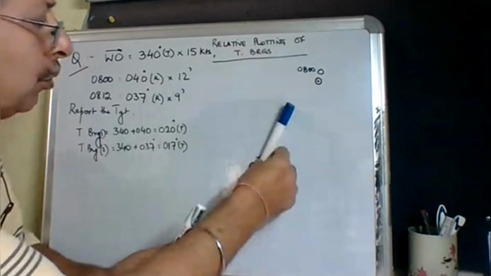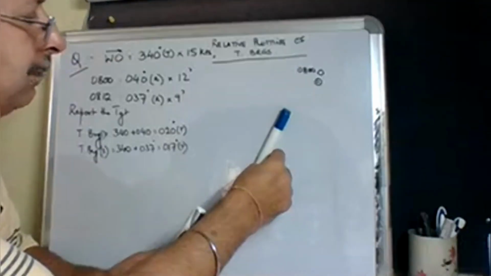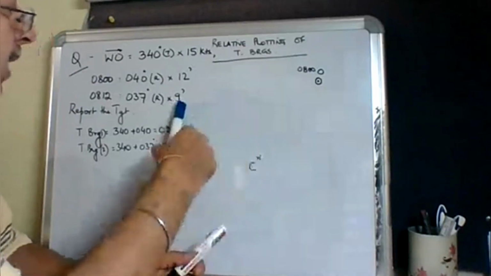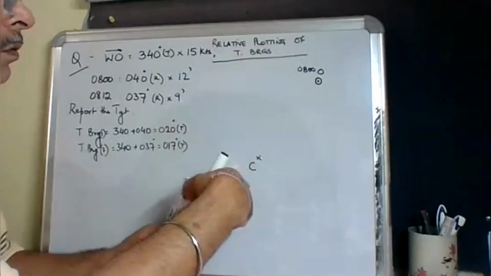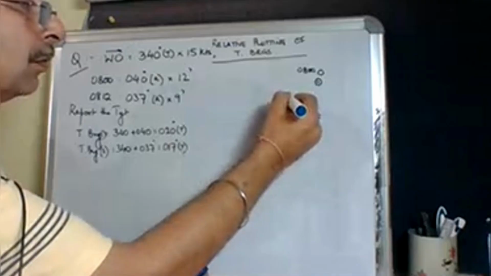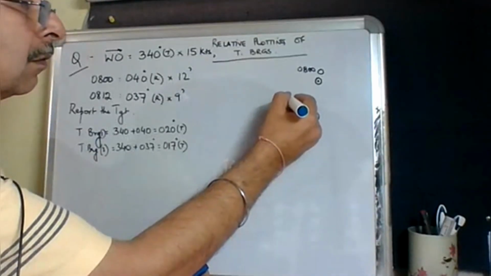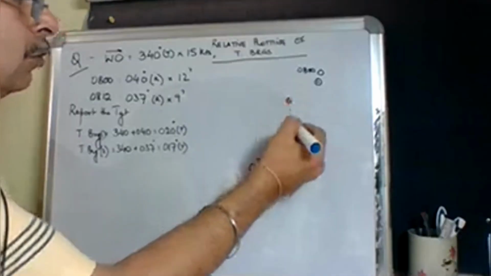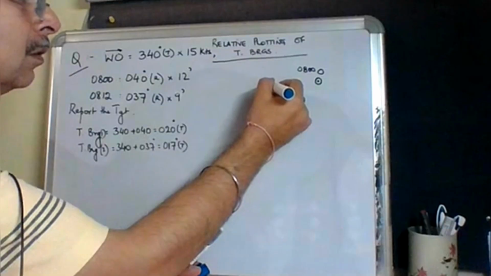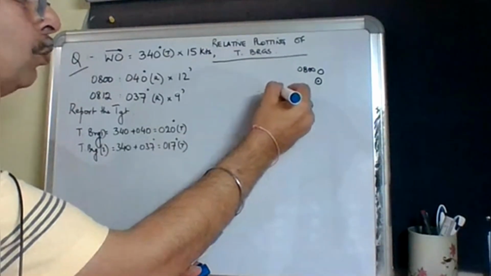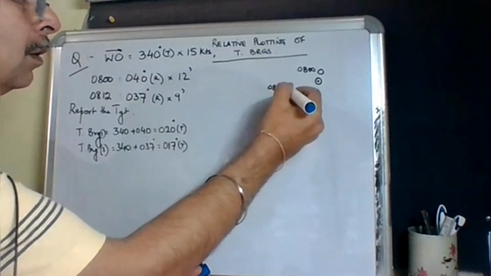Then put your roller ruler at 017. Do the same thing. This time 9 miles range. Put a dot and put a circle around it. Call it 0812.